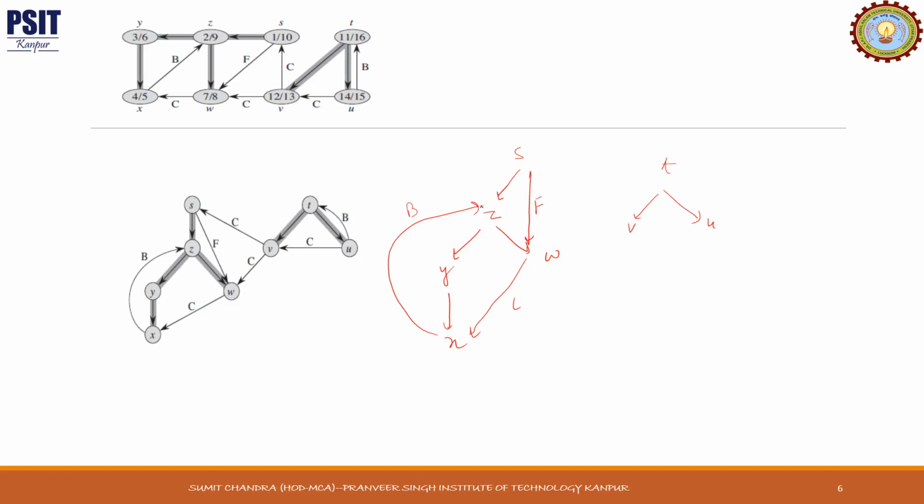Then edge B to W is a cross edge. Then edge B to S is also a cross edge. Then edge U to V is also a cross edge. And then U to T is also a backward edge. Okay. So this is the complete diagram that shows the path and backward, forward, and cross edges.